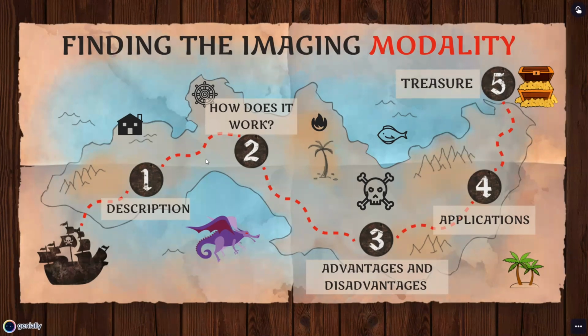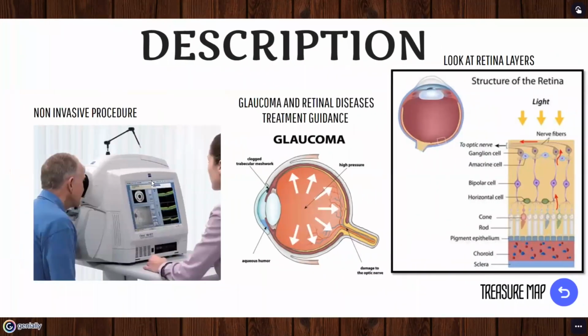Let's begin with the first clue, description. Obtaining anatomical images represents a challenge: to achieve good quality images without damaging the patient in the process. That is why this imaging modality is a non-invasive imaging study that uses light waves to obtain cross-sectional images.